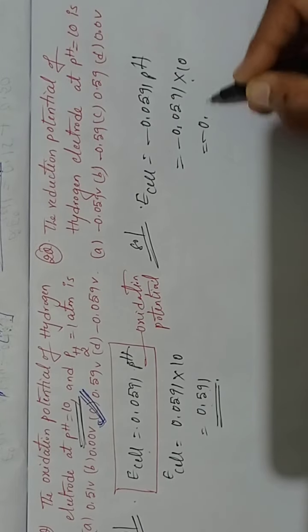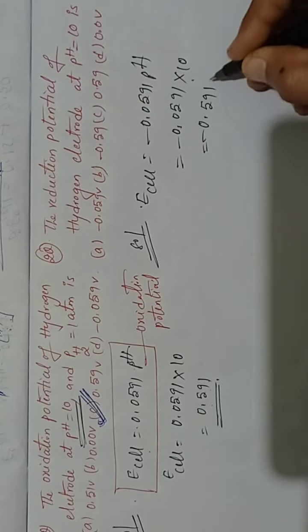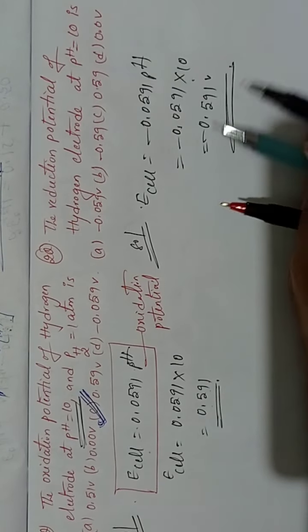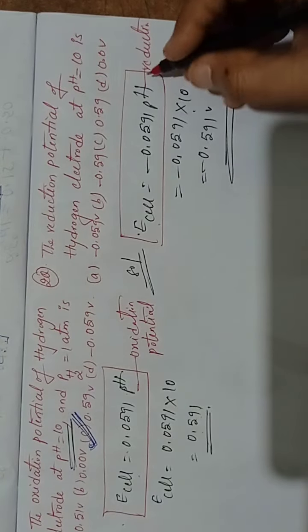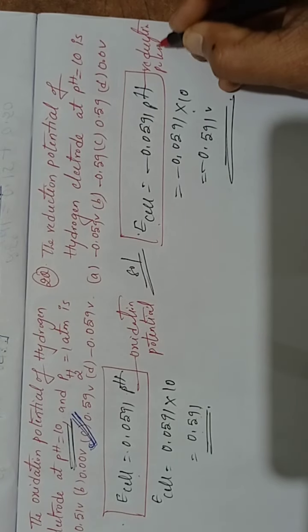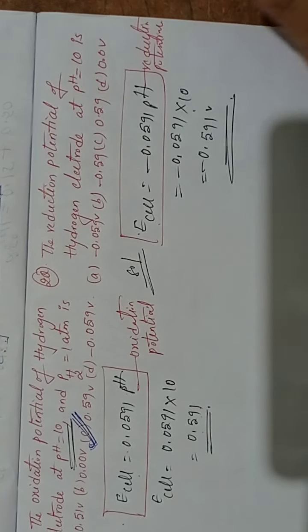You will get minus 0.591 volts. Clear this one? So this is the reduction potential formula. This is the oxidation potential, this is the reduction potential, students. Just remember these two formulas, students. You can easily answer this type of questions.